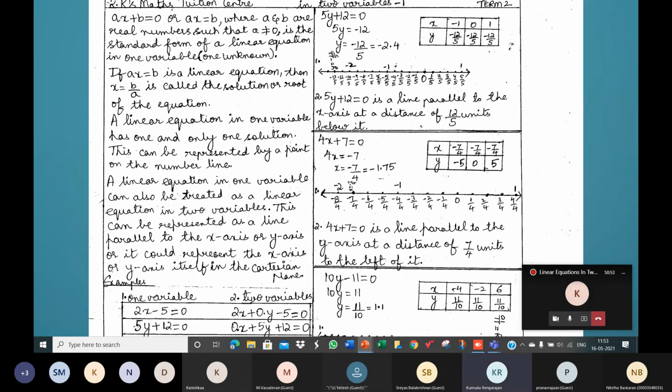So far we have understood the standard form of a linear equation, which is ax plus b is equal to 0, with conditions a and b real numbers, a not equal to 0. How many solutions? One and only one solution, because there's only one value of the variable that can satisfy the equation.